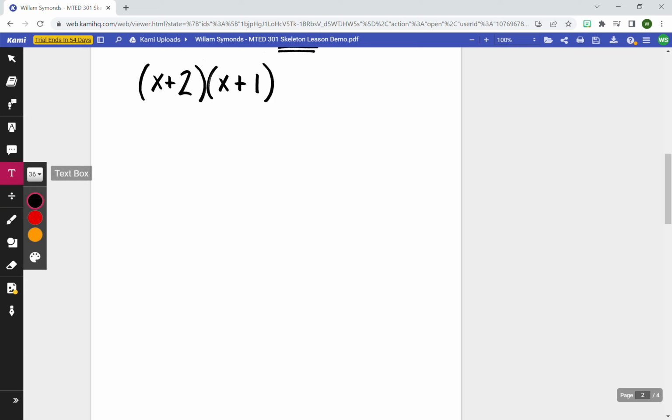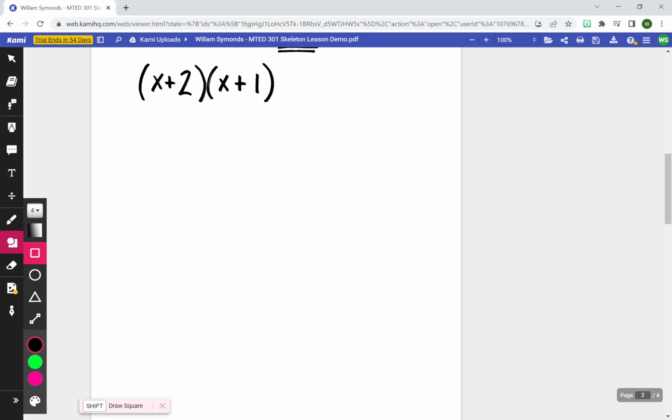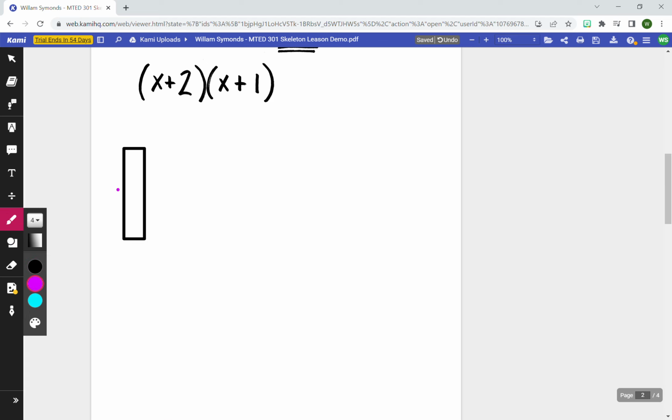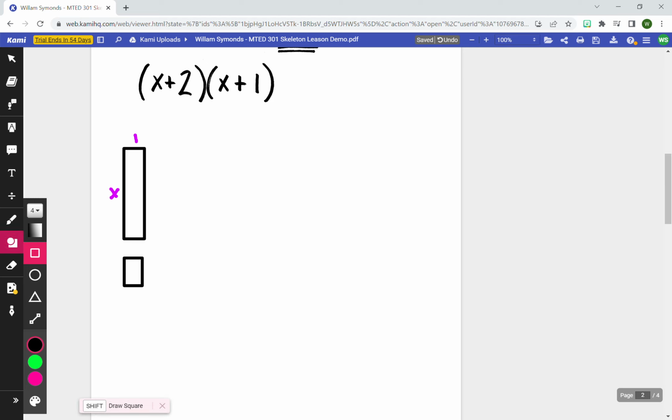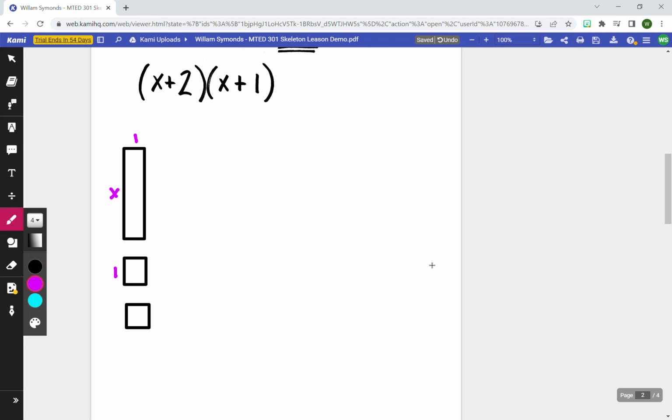So if I was to draw out our x plus 2, on the left I can use a bar for x, because again we have x by 1, and then I can use 2 squares to describe plus 2, because again we have a 1 by 1. We could do the same for x plus 1, and we'll describe it using the top side of it.